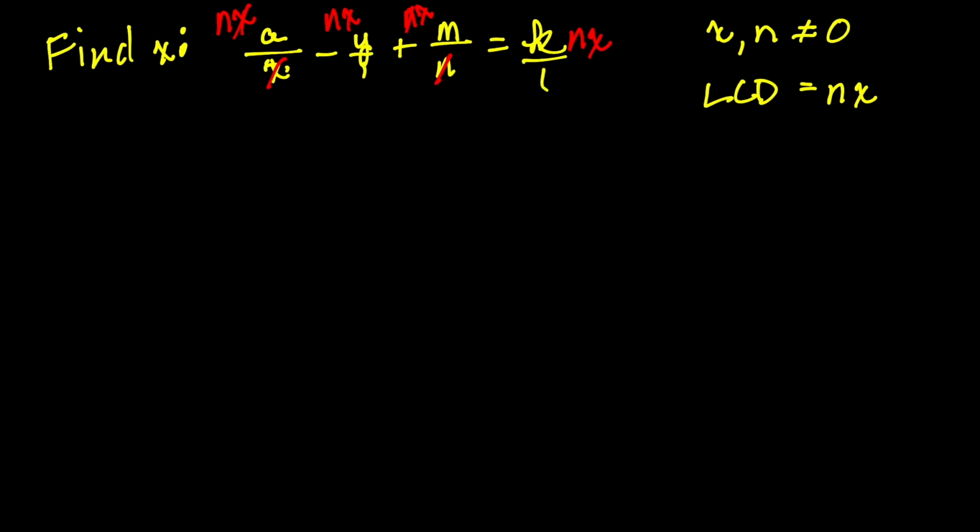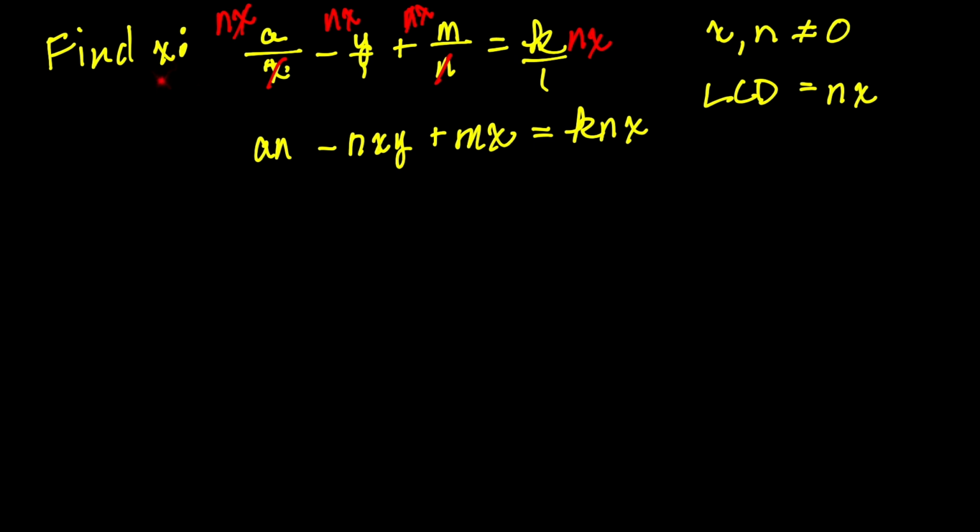So we're left with an, or na if you prefer, times nxy plus mx equals knx. All right, so I've cleared the fractions, gotten rid of all the fractions. So this is looking a little bit nicer.